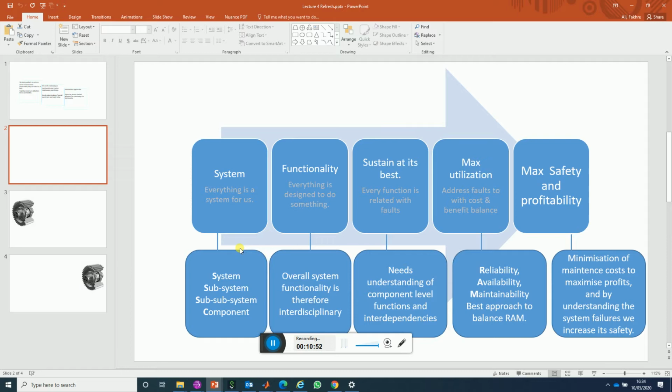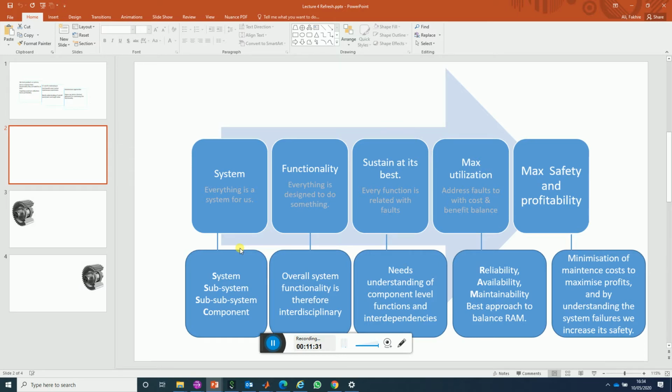Okay, or it could be a leakage in the pipe, right? Or it could be that the pump that we are using is degraded as such that it is fouled, so it is not able to pump the flow sufficiently. So the reason behind why the engine is suffering lack of fuel flow can be related to multiple fault modes, and those fault modes are related to the subsystem's subsystem, and they can also be related to component level.